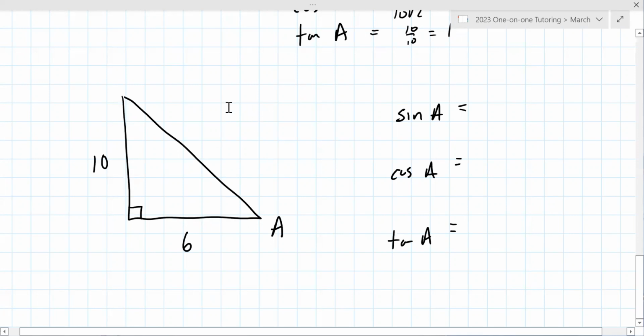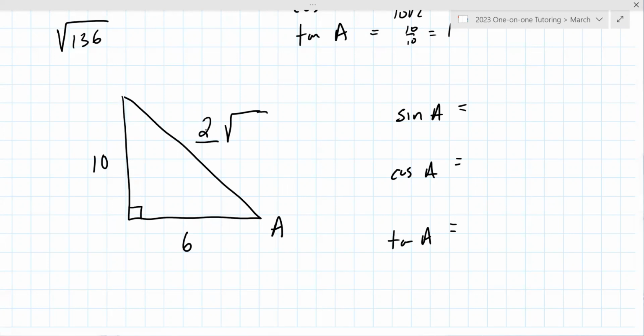It's got to be a number on the outside and then a number on the inside of the root. So it'll be 2, right? Tell me what else. 136 divided by 2, divided by 2, divided by 2, and then 17 is a prime number.